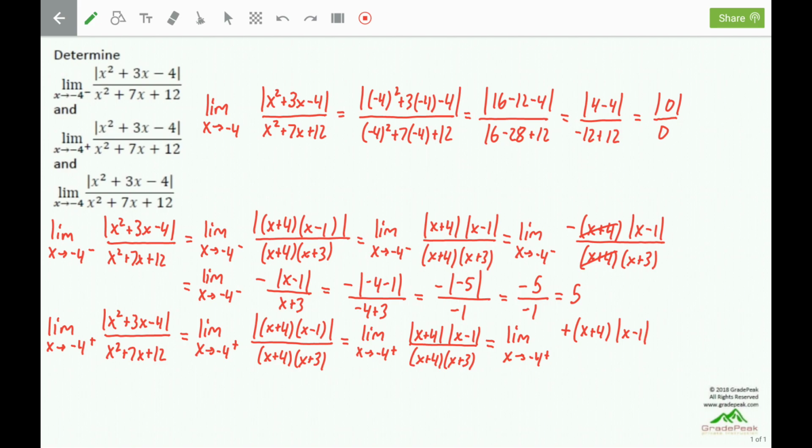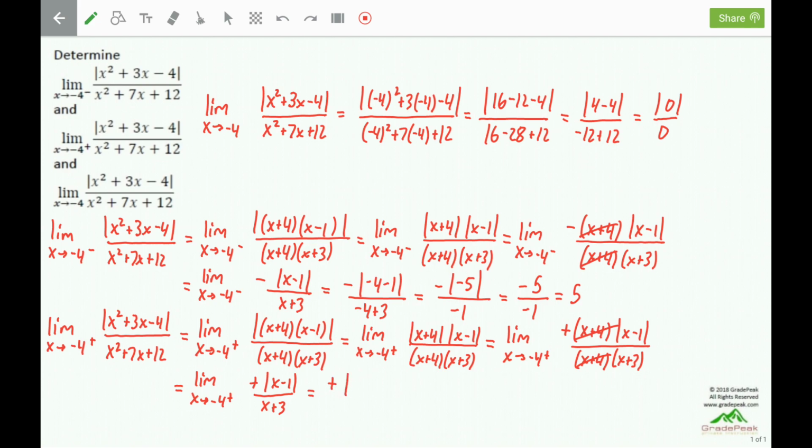The x minus 1 will stay in the absolute value since it's not making a 0 as x goes to negative 4. We have the 0 over 0 indeterminate form, but the factors can cancel. And we're left with the limit as x approaches negative 4 from the right side of the positive absolute value of x minus 1 over x plus 3.